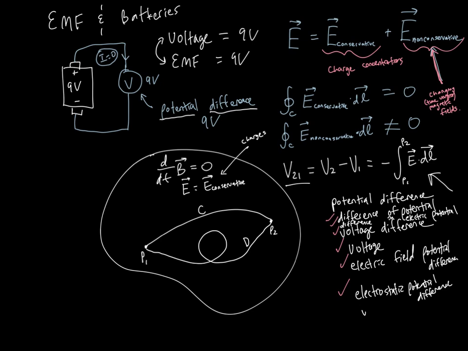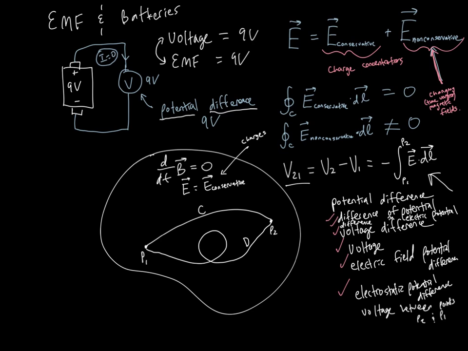They also call it the voltage between points, in this case points P sub 2 and P sub 1. The key thing to remember is that the voltage between these 2 points, or the potential difference, or whatever you want to call it, is unique. It's unique so long as you're within a region of space in which the electric field is completely conservative.